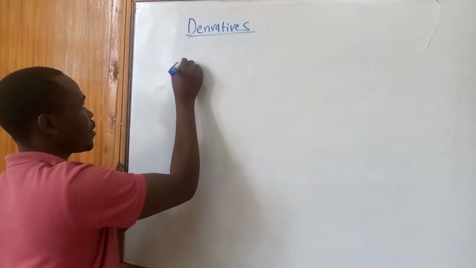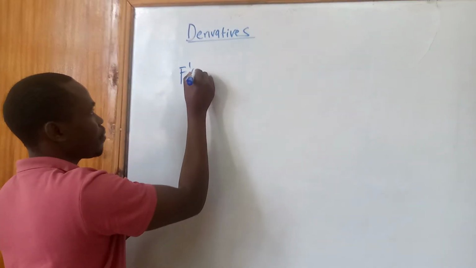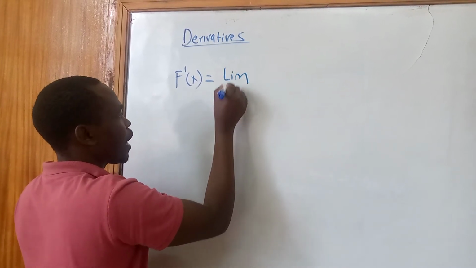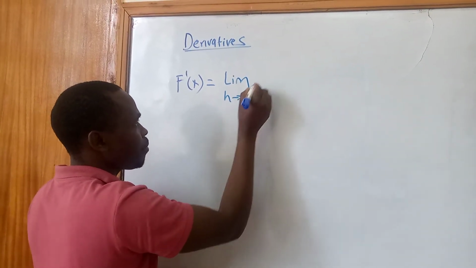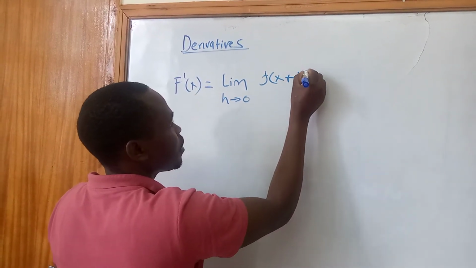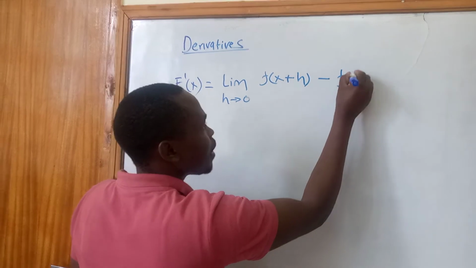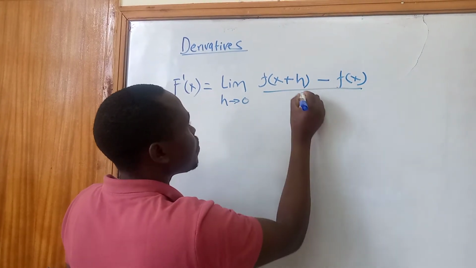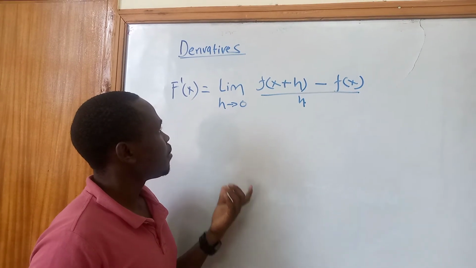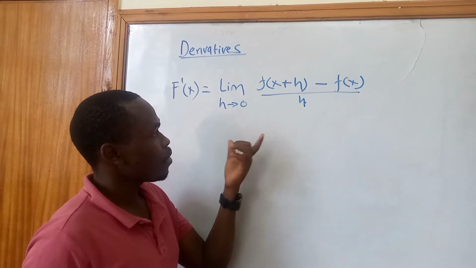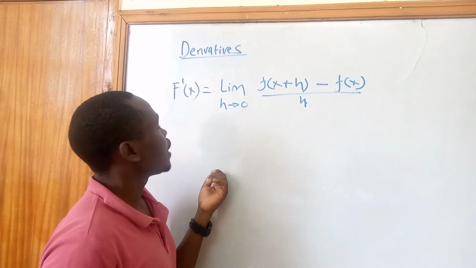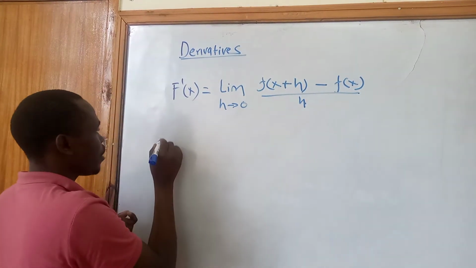And the formula is f prime, which is the derivative, equal to the limit as h approaches 0 of f of x plus h minus f of x, then I divide by h. This formula helps us to solve the derivative. Okay, let's go to our first example.